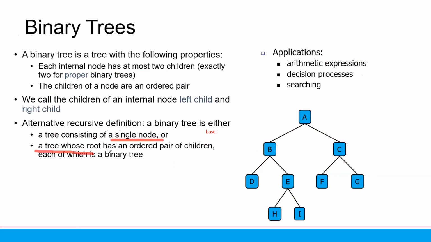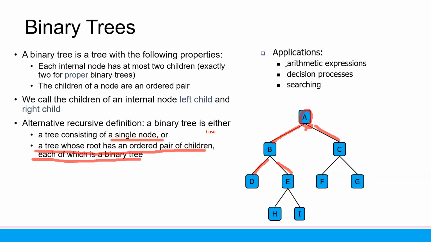Or a tree whose root has an ordered pair of children, each of which is a binary tree. So if this is a root and it has two children, this is a binary tree.